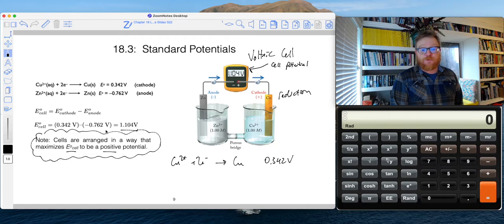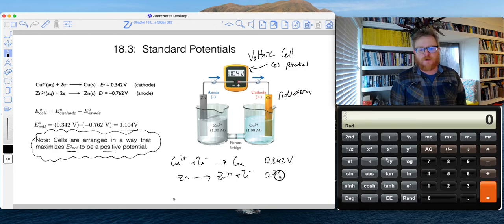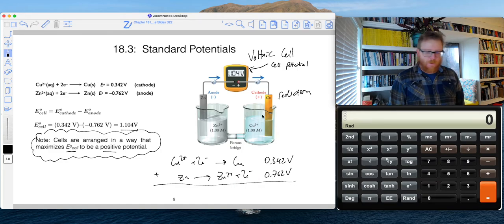And now I want to flip the zinc reaction to cancel the electrons. So that's going to go zinc solid becomes zinc 2 plus plus 2 electrons. Because I flipped it, it becomes positive 0.762 volts. When I add these together, just as I've done before, we can see the electrons cancel.